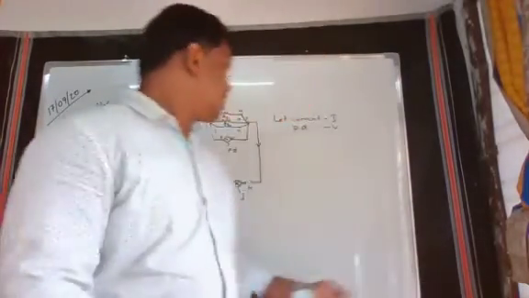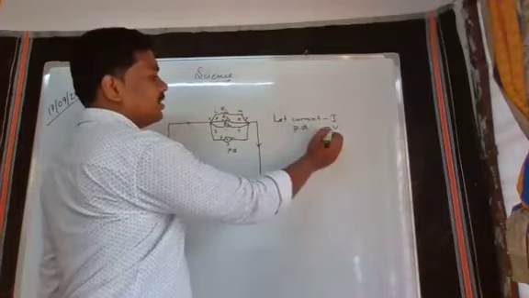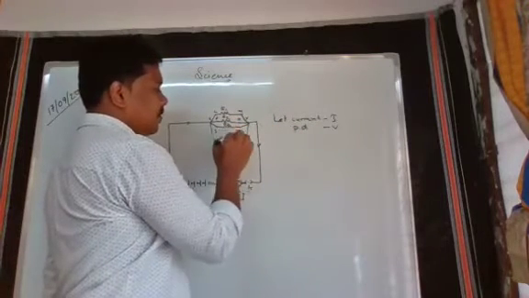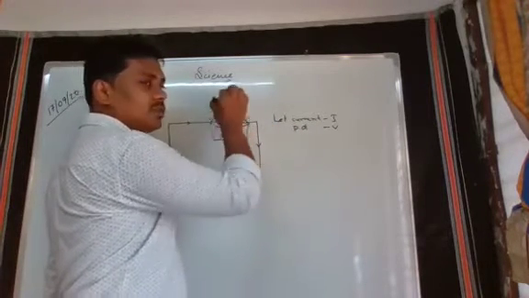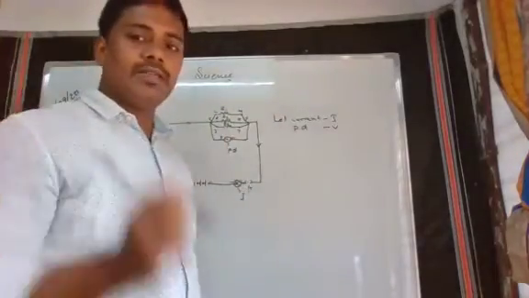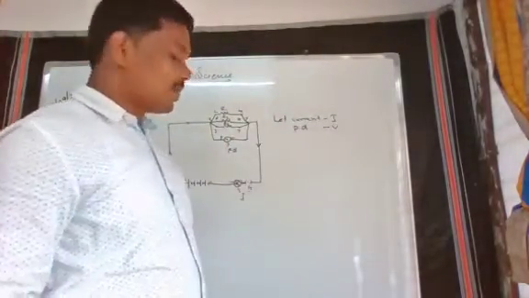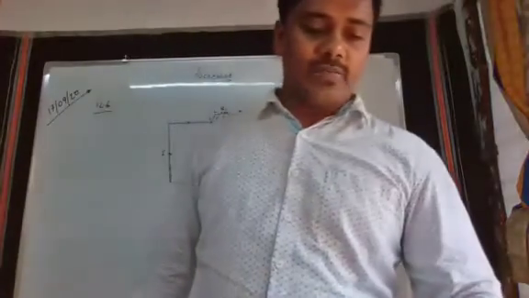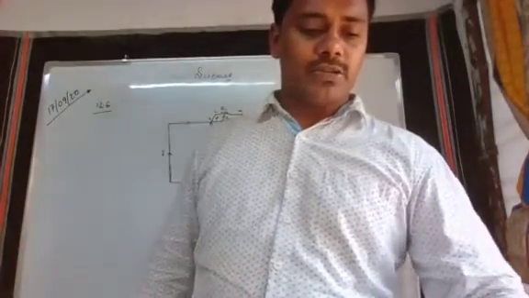That means the potential difference V across the full circuit will be V, and across the individual resistors also will be V. Okay, let us go to the next part.